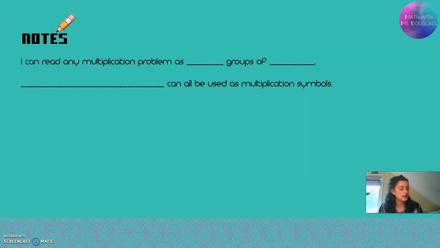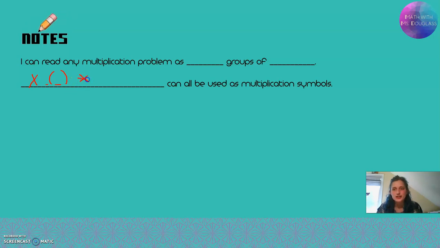And we can use a lot of different multiplication symbols. So we know that very traditional x. We also might have seen parentheses being used. If there's a number right here and a number right here and no space between them, that means multiplication.